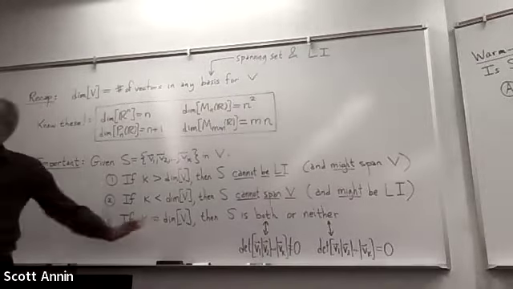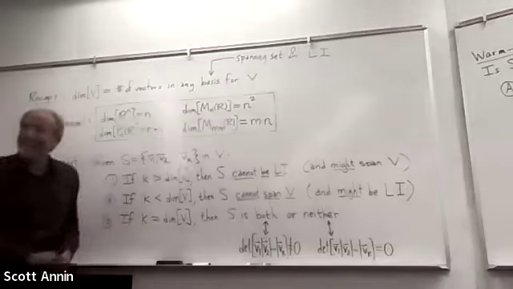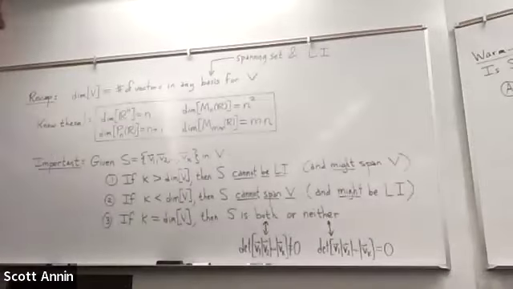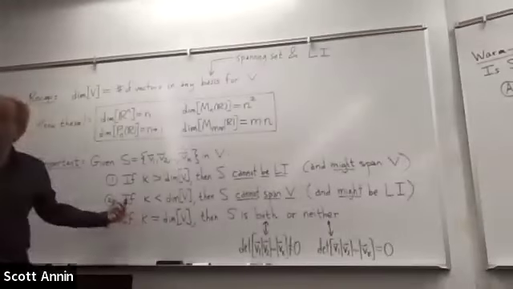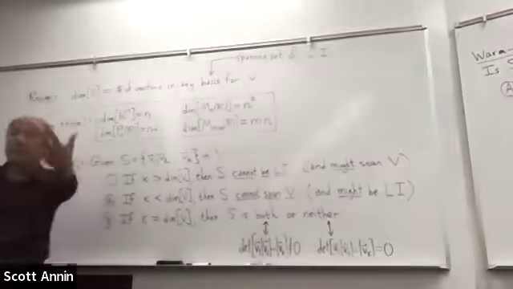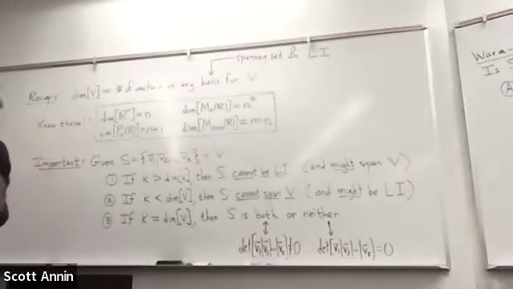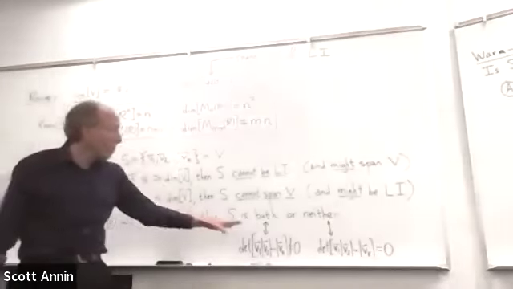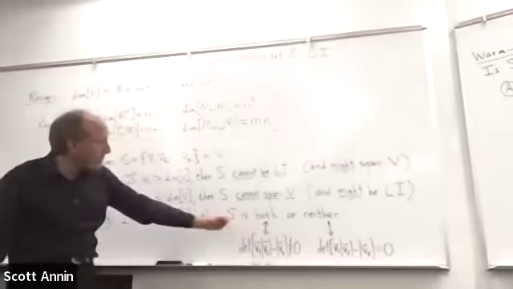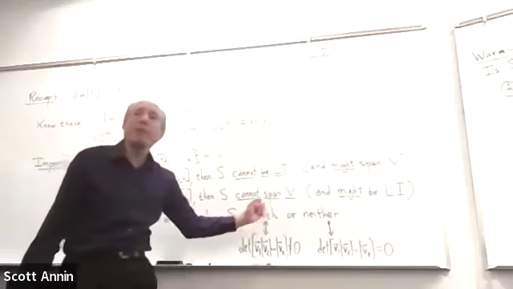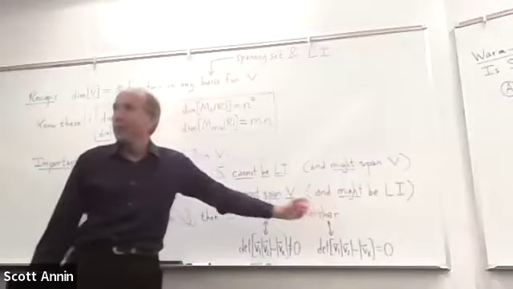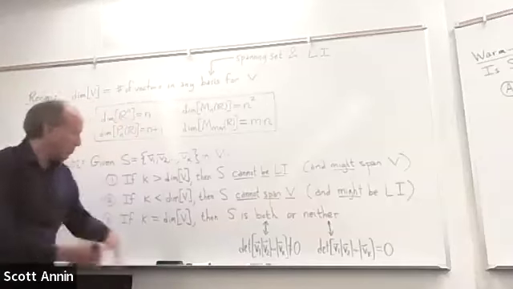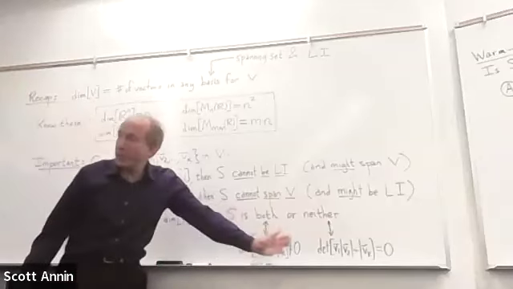The last case is the most promising one. If K is equal to the dimension of V, in other words, somebody handed you the correct number of vectors, it's still not guaranteed to be a basis, though. What we can conclude here is that that set S will either be both or neither. What you can do is configure the vectors, as we usually do, into the columns of a matrix.